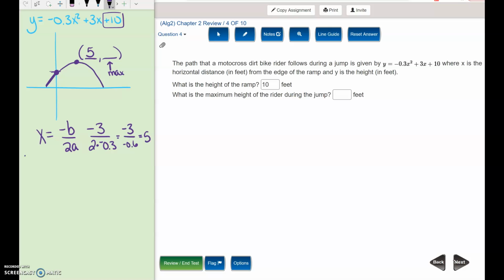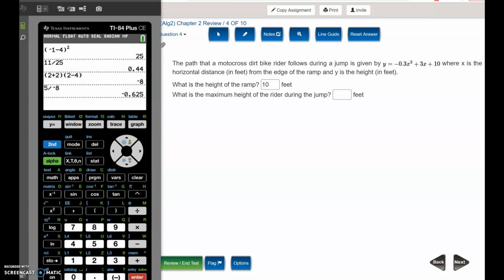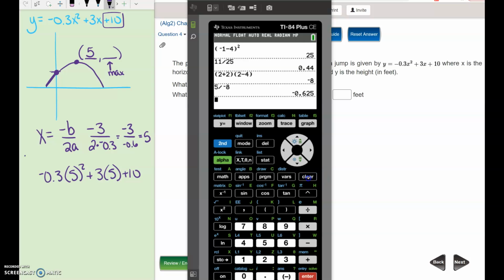To get the y value of the vertex, we need to plug it in. So -0.3 times 5 squared, plus 3 times 5 plus 10. I am going to let my calculator do all of that work for me. -0.3 times 5 squared plus 3 times 5 plus 10 is 17.5.